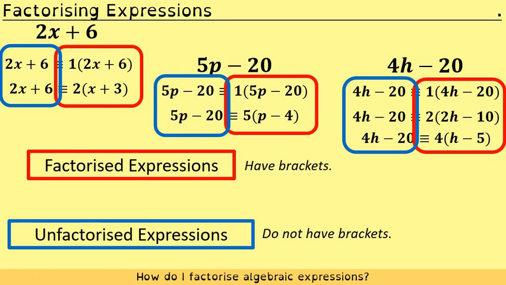And the process of taking an unfactorised expression, like the ones in blue, to a factorised expression like the one in red is called factorising. So if you are asked to factorise something, you are being asked to write it with brackets. And we have practiced that a lot. We were able to do this for many different types of expressions last lesson.